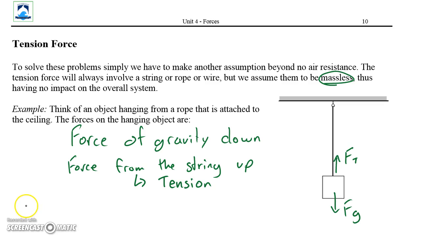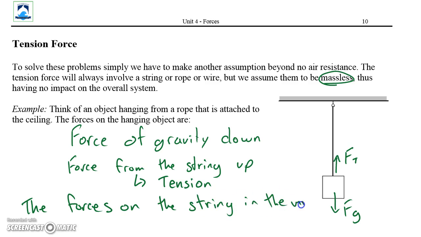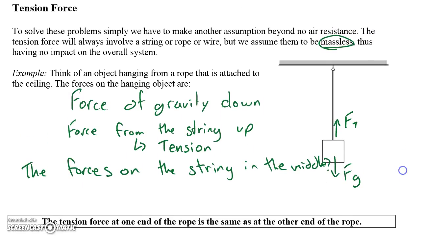Now, what about the forces on the string in the middle? If we think about it, there would be tension in both up and down.